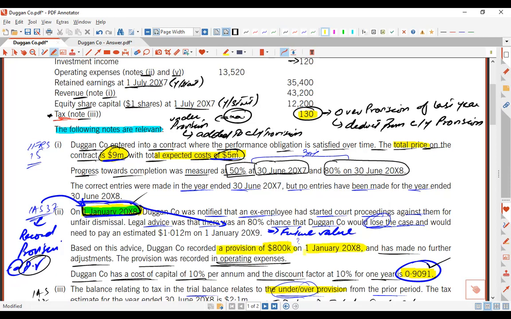But is this amount correct? We have to check that. Future value is given: 1.012 million is the future amount payable on 1st Jan 2009, and the relevant discount factor is 0.9091. So let's try to check it.